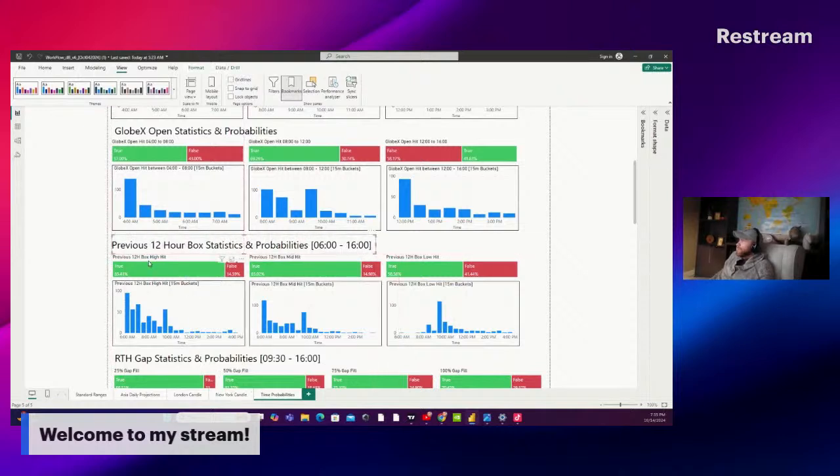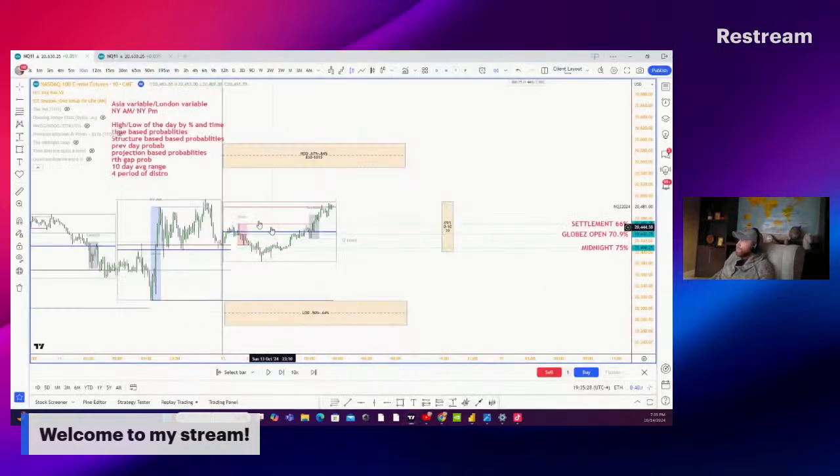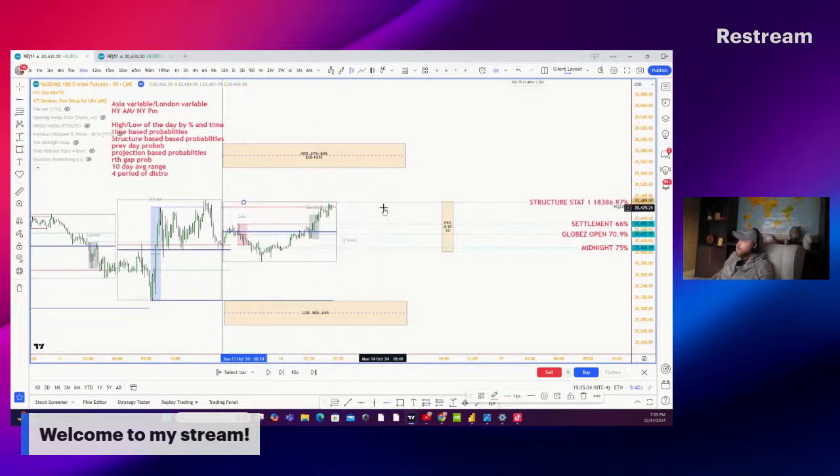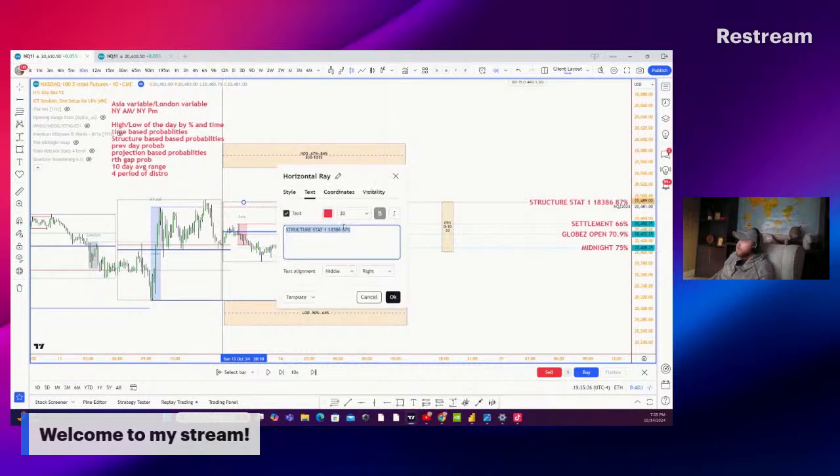All right, so previous box high is 85% based off of what Asia and London has done. So we'll put that on our chart. Structure 1, $85, and we're going to call this structure stat high.